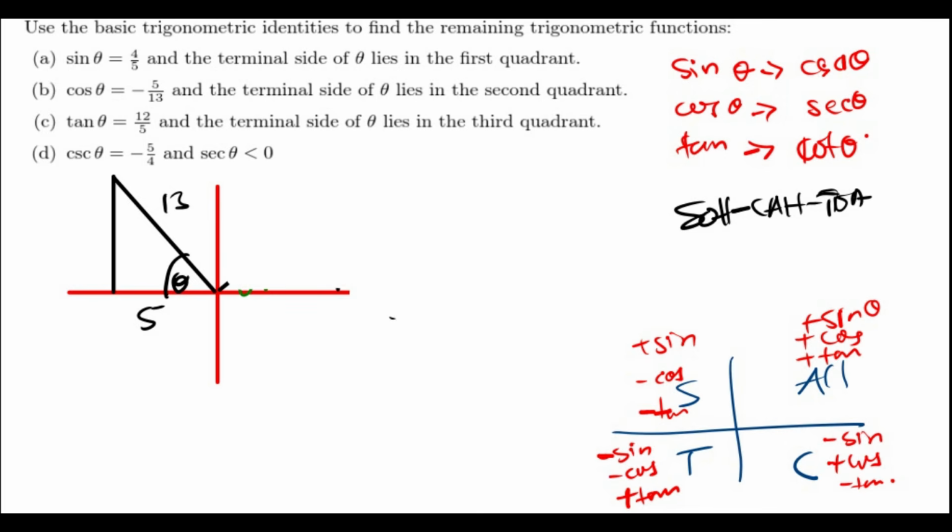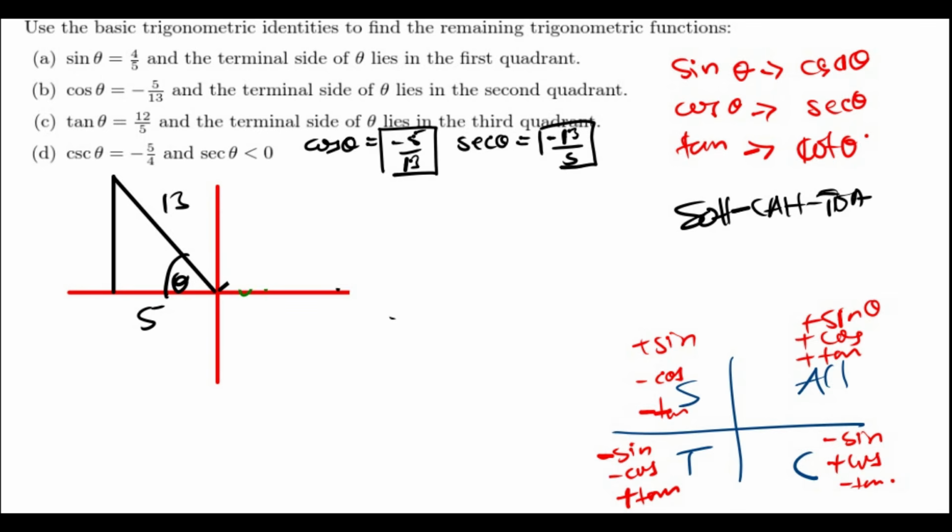So now we have cos theta as negative 5 over 13. That would mean sec theta, the reciprocal of cos, is negative 13 over 5. You have seen, right?